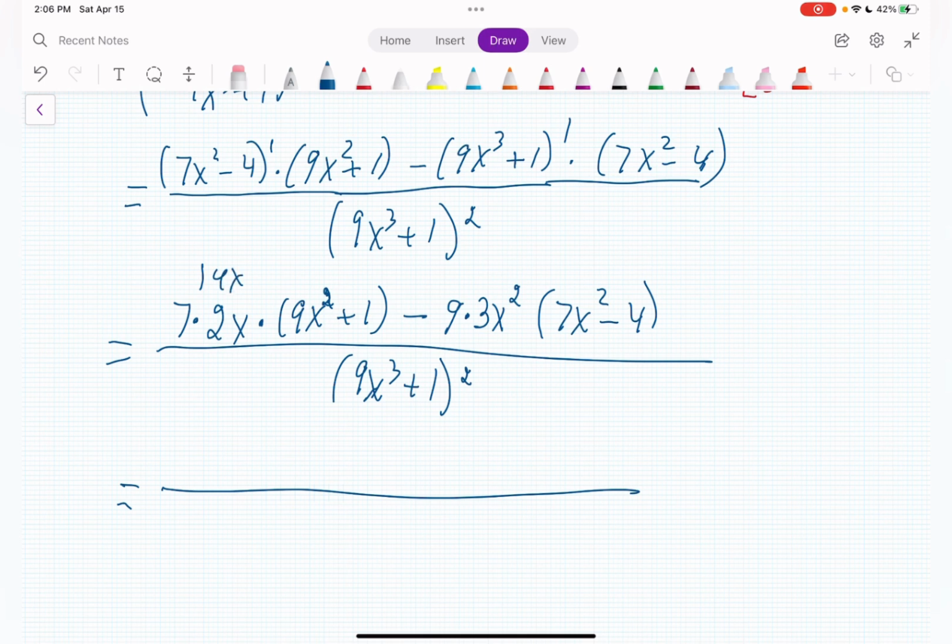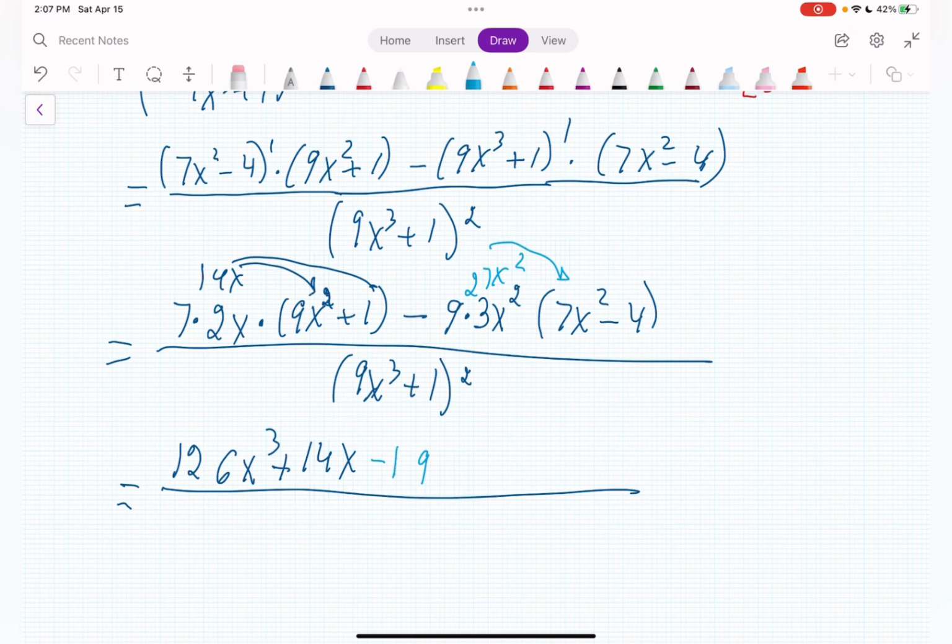Well, write down here 14x. So 14x times 9x squared. 4 times 9, 36, 3 in mind. 9 times 1 is 9 plus 3, 126. X to power 3, because x times x squared is power 3. 14x times 1 is going to be plus 14x. Next, this is 27x squared, right? So 27x squared times 7x squared, negative 27 times 7. 7 times 7, 49, 4 in mind, 7 times 2, 14, and 4, 189.